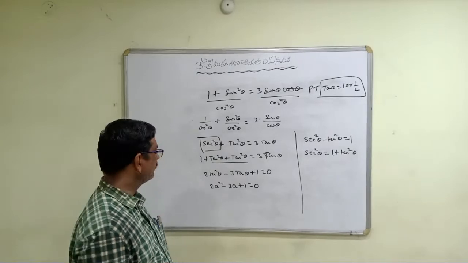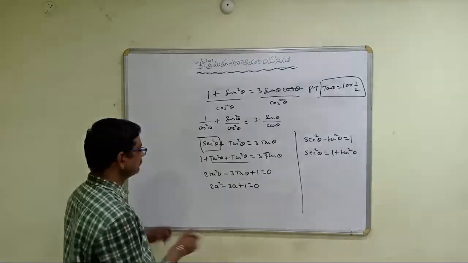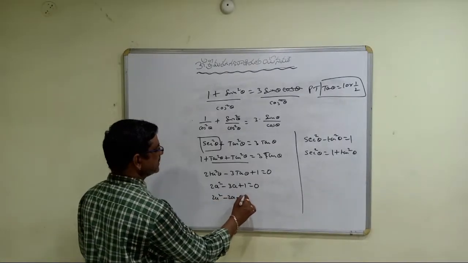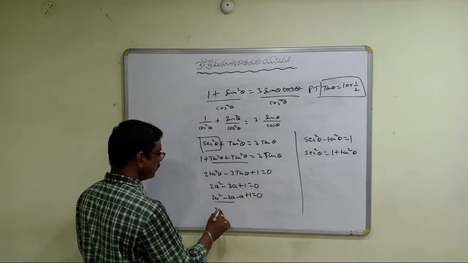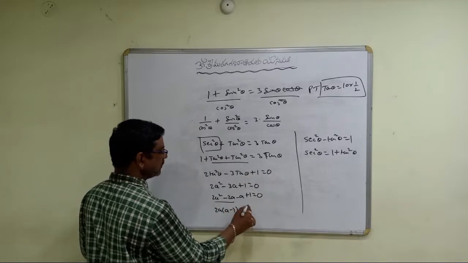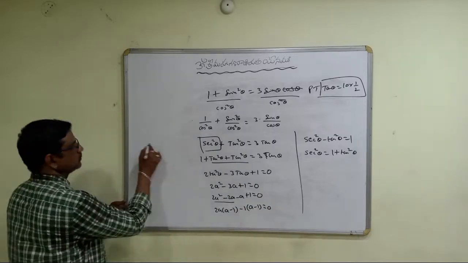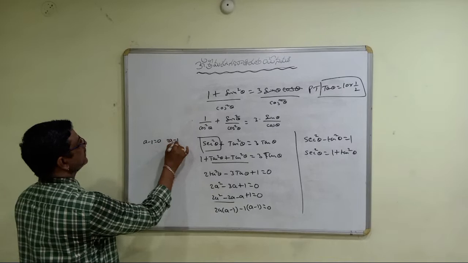Now I need to do splitting the middle term. 2a square minus 2a minus a plus 1 is equal to 0. If I take 2a common, remaining is a minus 1, and minus 1 common, remaining a minus 1. So a minus 1 is equal to 0, 2a minus 1 is equal to 0.